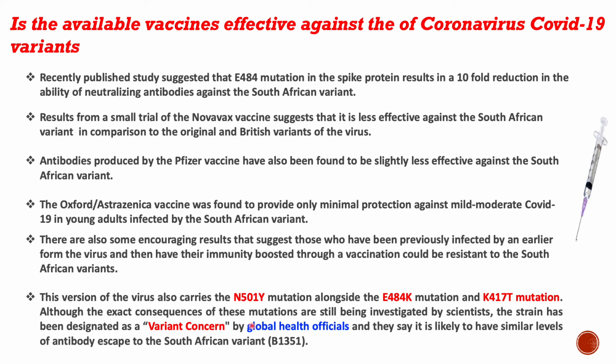As an example, the Moderna vaccine manufacturer announced that the second dose of their vaccine will be effective against the South African variant, and they are considering developing a vaccine that will be effective against the coronavirus that carries these 3 mutations, which are the N501Y mutation, E484K mutation, and K417T mutation.